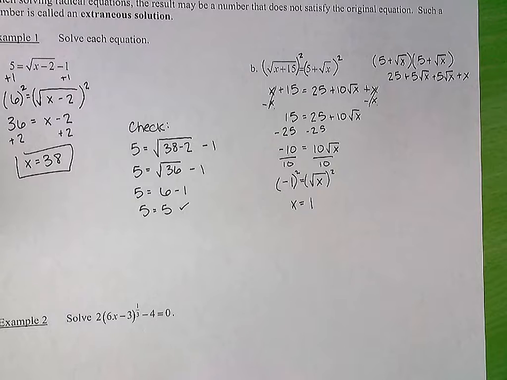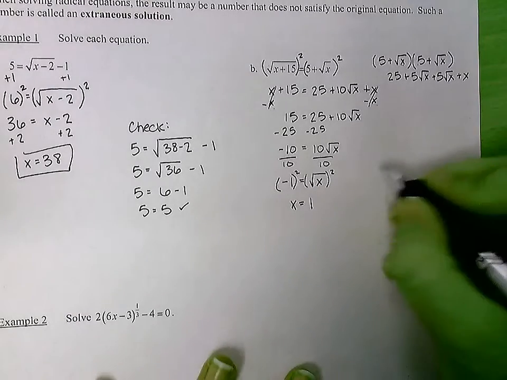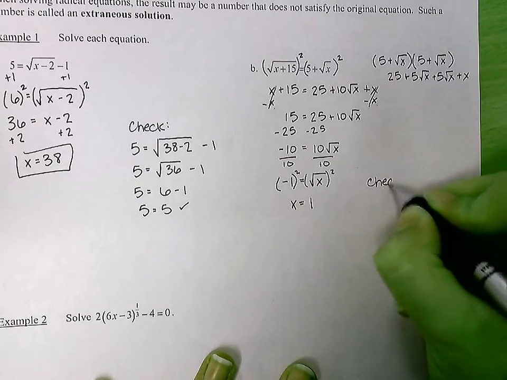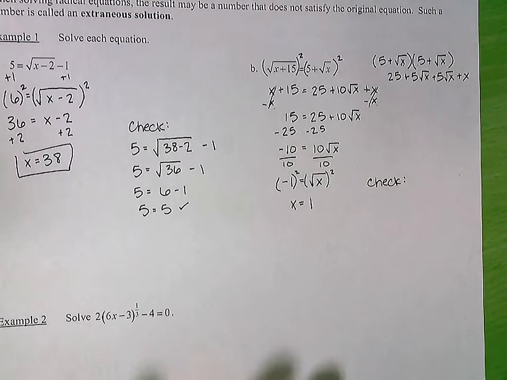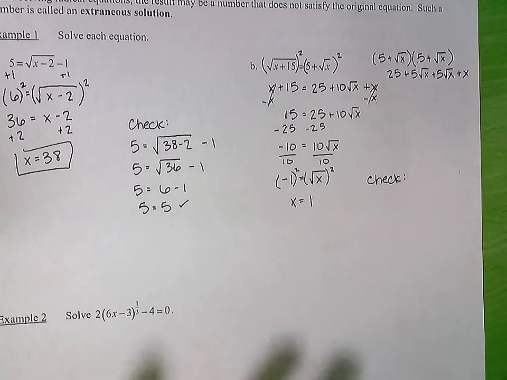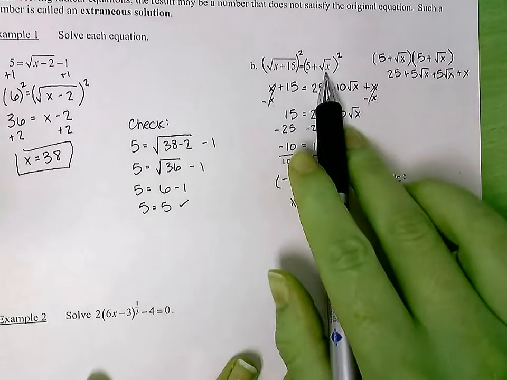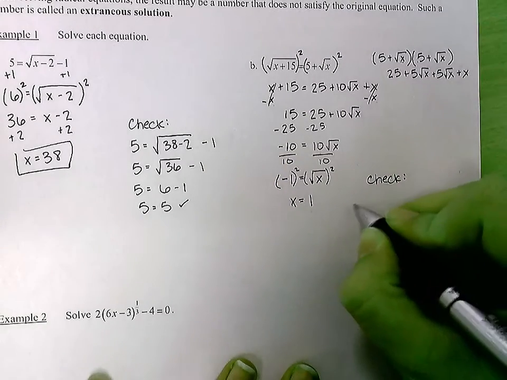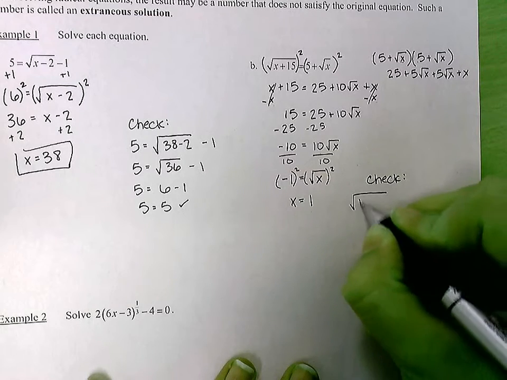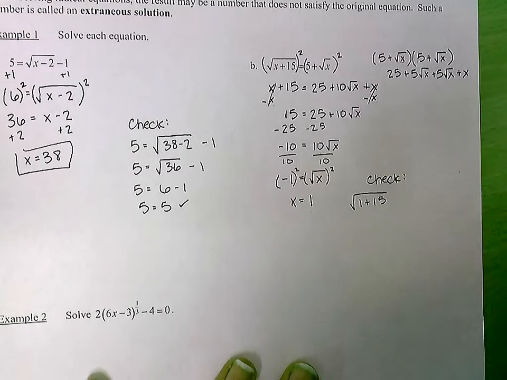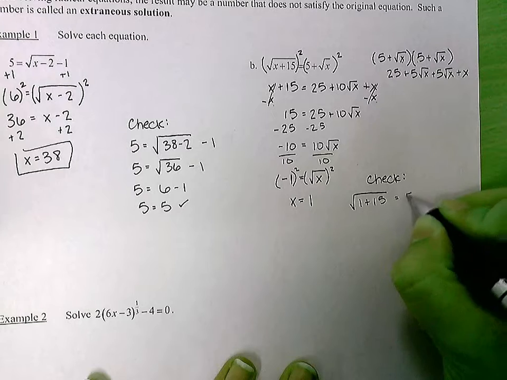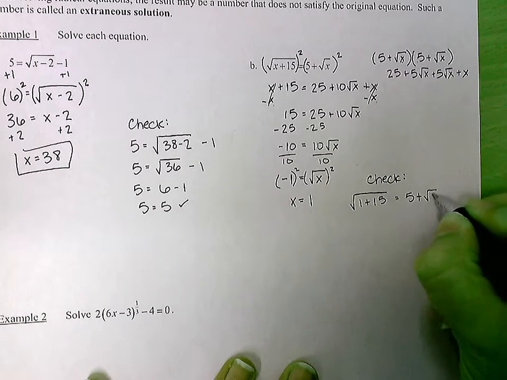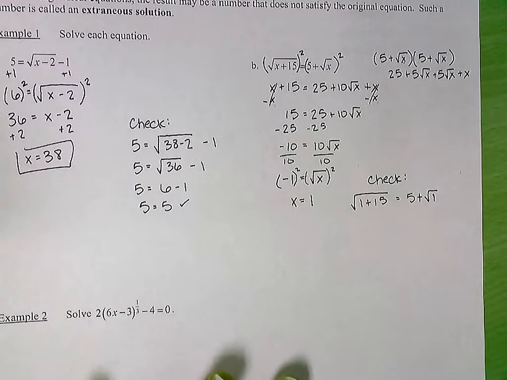And then we got to check it. Okay, so off to the side, before you circle it, you want to check to make sure that's an actual answer. So we'll plug 1 in for x into our original up here. So we have the square root of 1 plus 15 is equal to 5 plus the square root of 1.